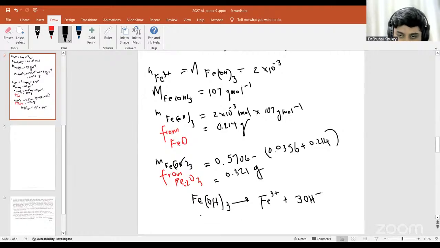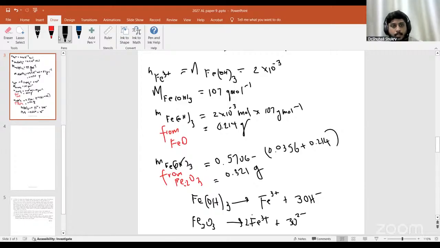At the same time, if I break Fe2O3, I can break it as 2 Fe3+ and 3 O2 minus.